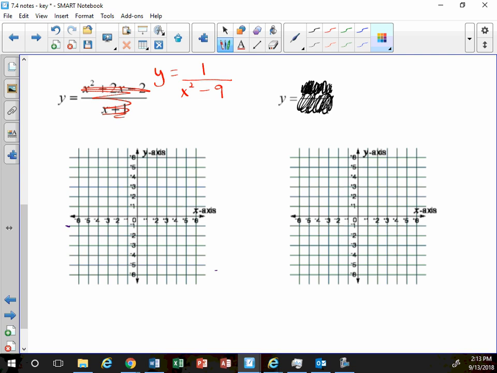So when you do one of these, this one is fine. If this is 0, how does a fraction equal 0? This one doesn't. What if my fraction was like this? I want to set that equal to 0.